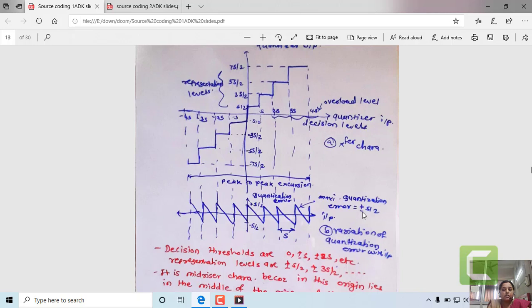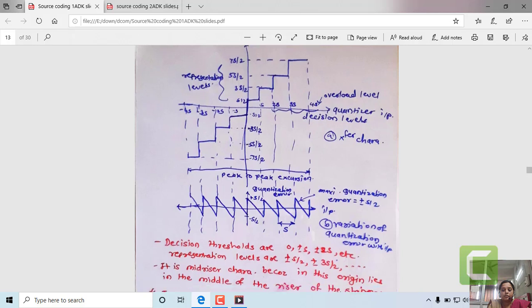Either you consider the mid-tread type of uniform quantizer or the mid-rise type of uniform quantizer.